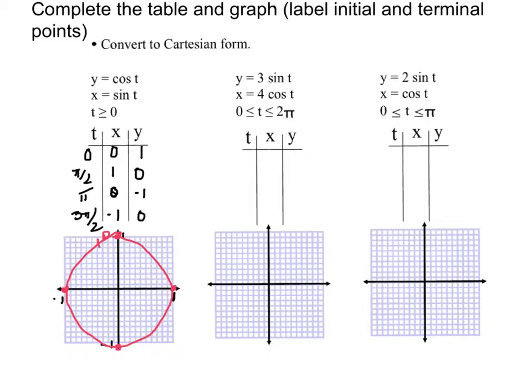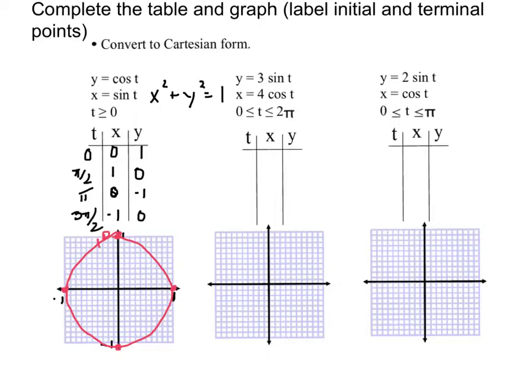Whenever you see something like this, Cartesian is kind of hard. Now, Cartesian is in terms of x and y. It doesn't say put it in a y equals, because that's not always possible. But here's the key. Remember that x squared plus y squared equals 1. That's the key to this whole thing.